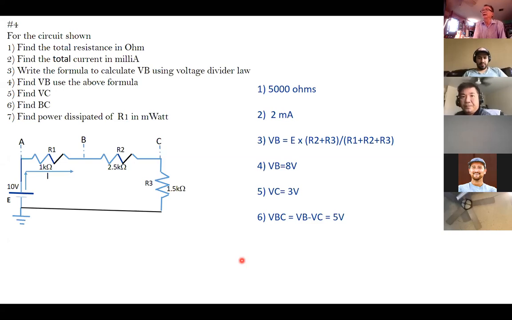VBC means the voltage across R2. You can calculate it by VR2 equals I times R2. They will be the same.